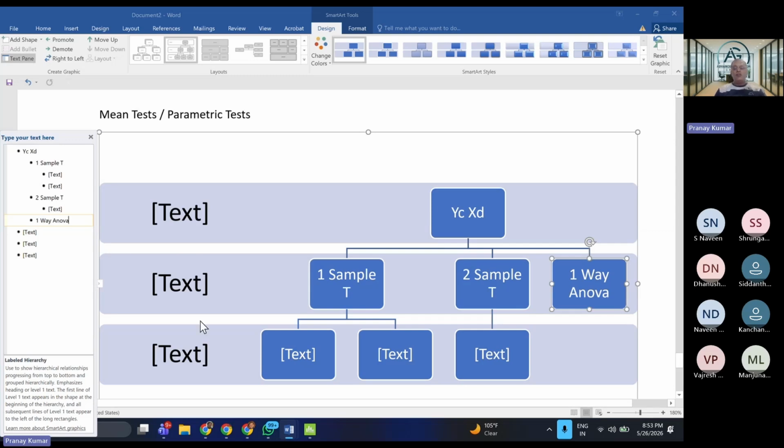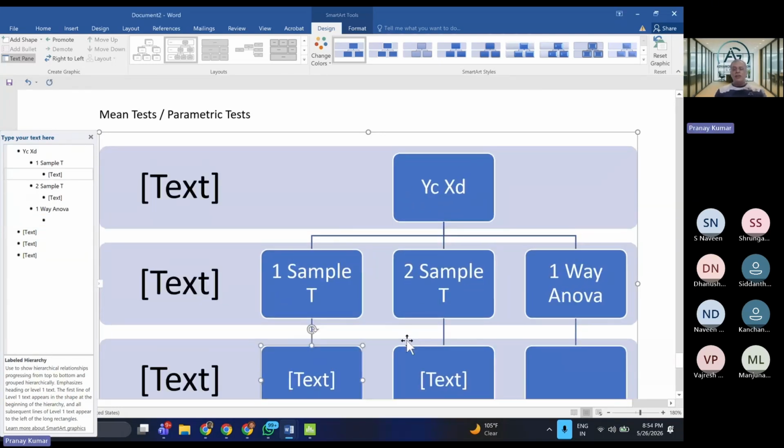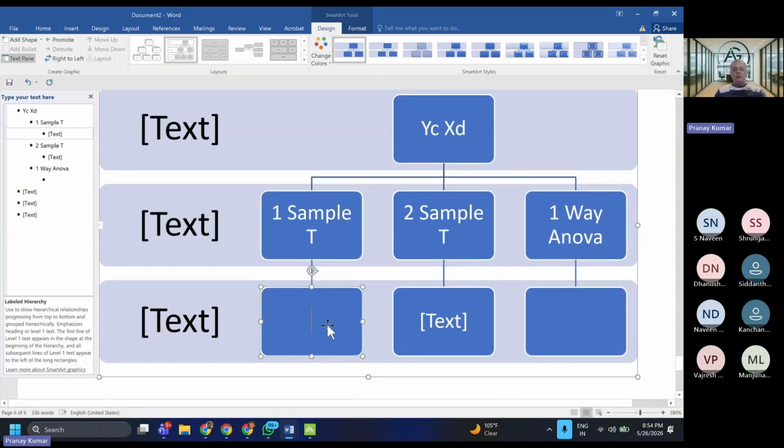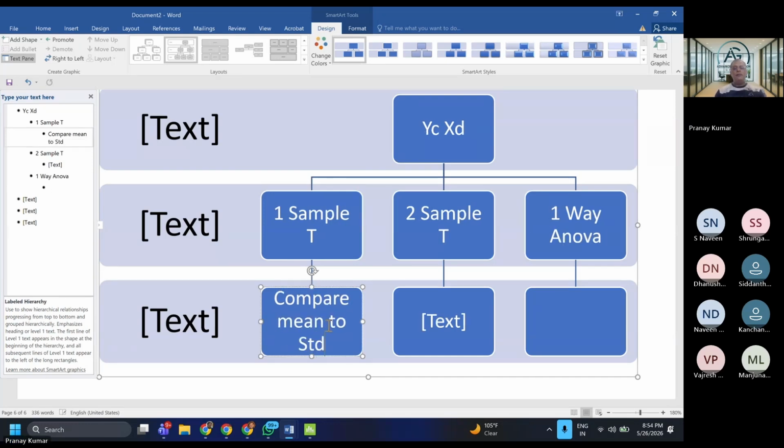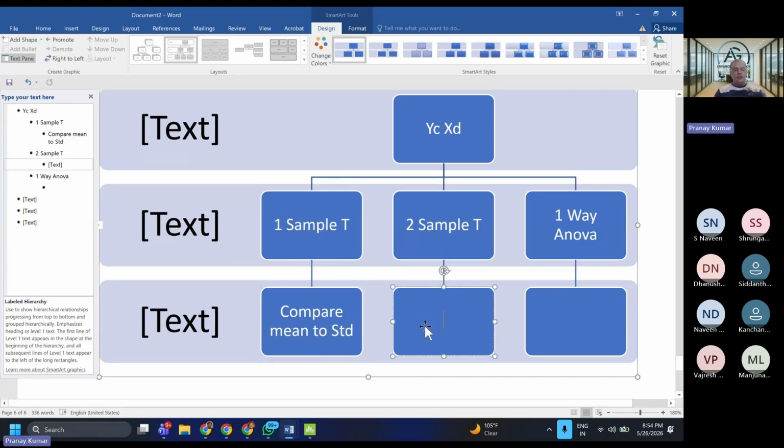This is a very, very large set of tests that you can do. I'm only talking to you about some tests. One sample T is ideally used when you want to compare the mean of a group to a standard.